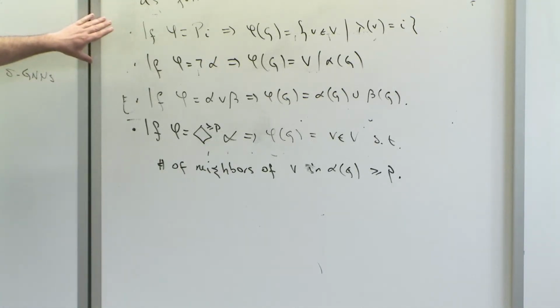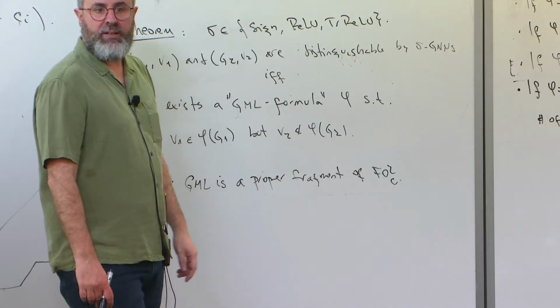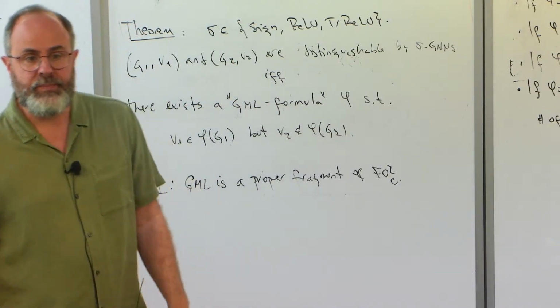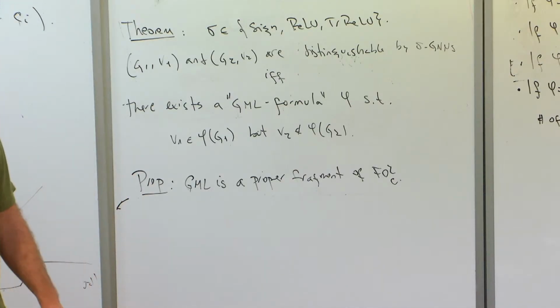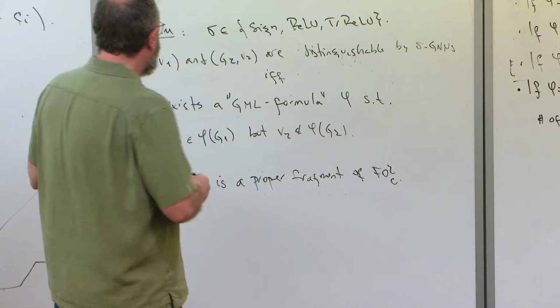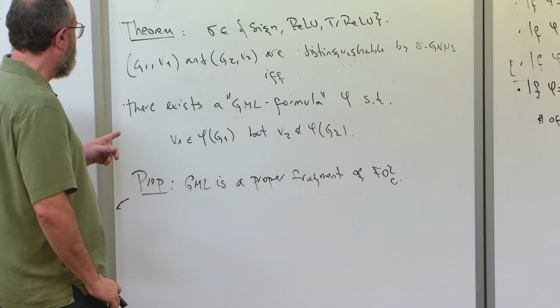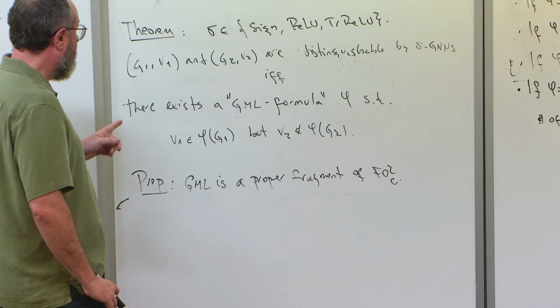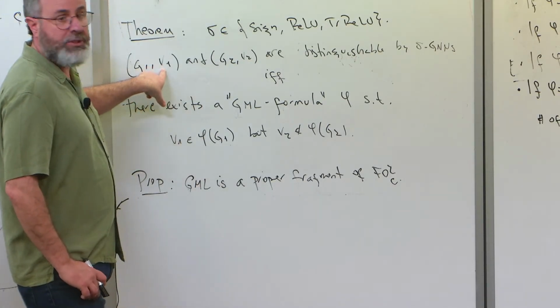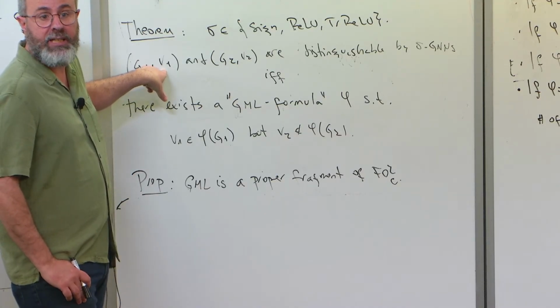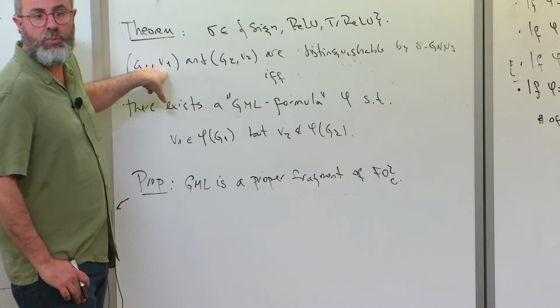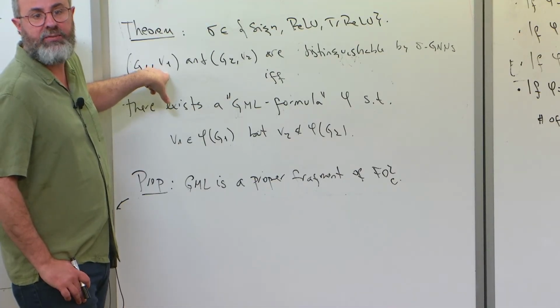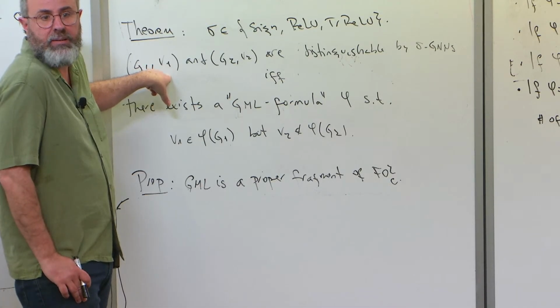So GML is this logic, and this is the logic that allows us to characterize when two graphs are distinguishable by sigma GNNs. If two graphs have a different number of nodes, are they distinguishable? They will not be distinguished by a sigma GNN, because it's just local.